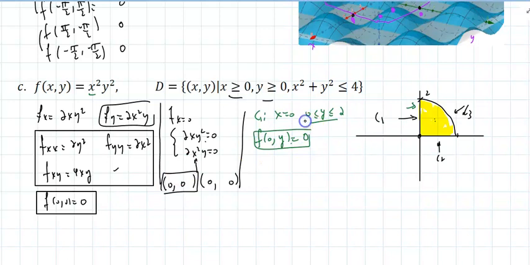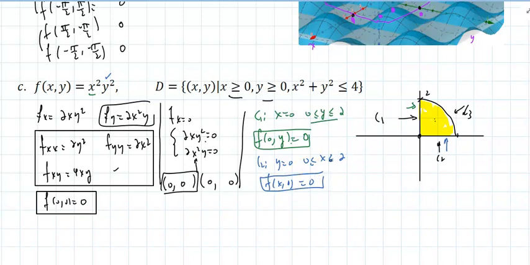I already have that. Not that bad. I chose it to work nicely. If I take along this path, along C2, I notice that y equals 0 and x varies between 0 and 2. So f of x, 0, if you put a 0 in for y, that's also 0. No need to worry about that. That's one value I have so far.